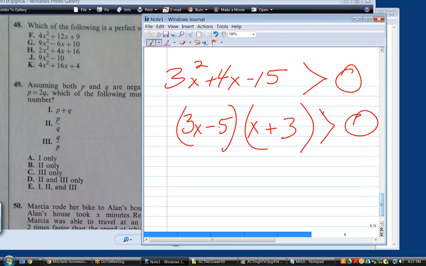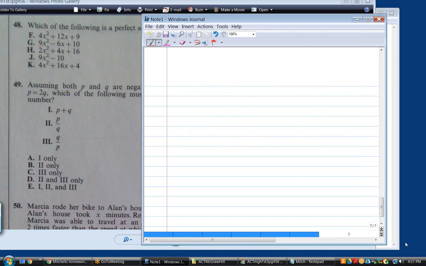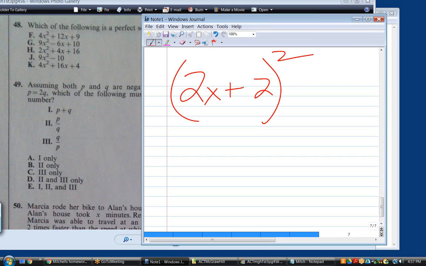Is it 2x plus 4? Now, remember that this term has to multiply by itself to give you that term. But 2x plus 2 might be the answer. Let's expand it. What do we get? We get 4x squared plus 8x plus 4. That's not it.